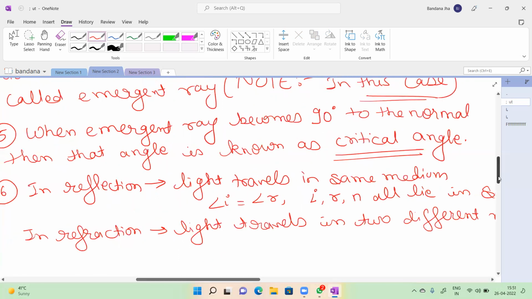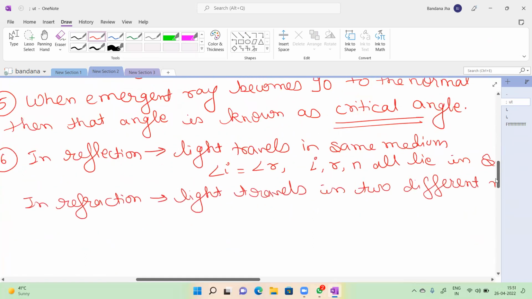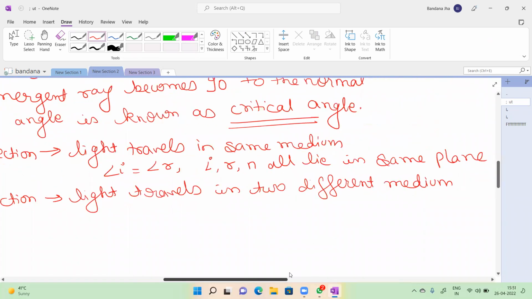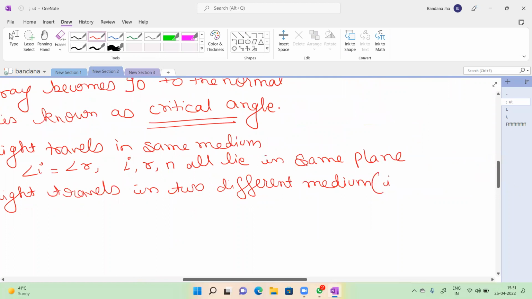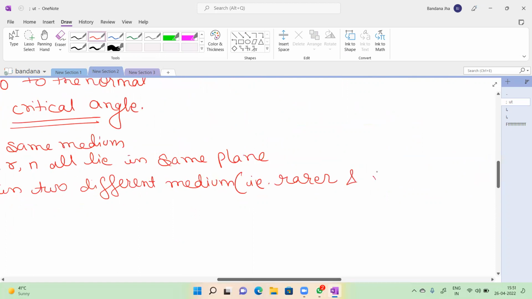Which are the two different mediums? Rarer medium and denser medium.